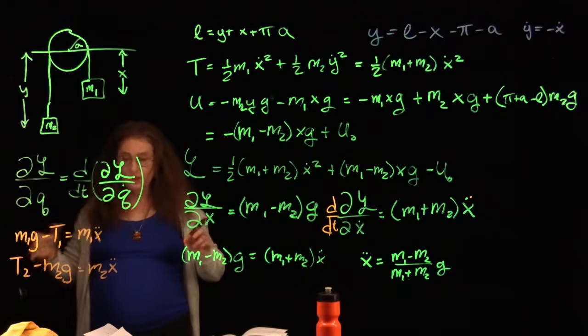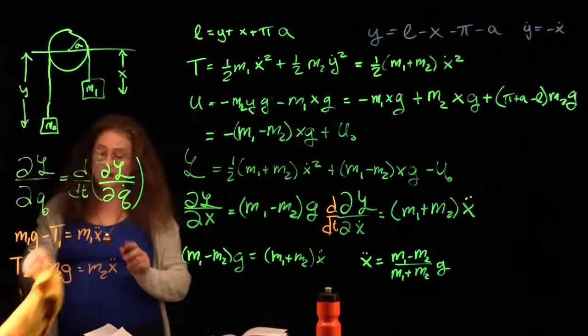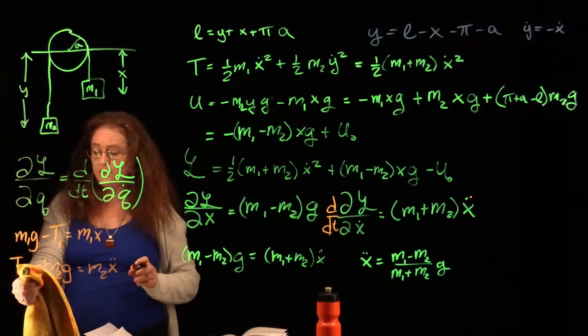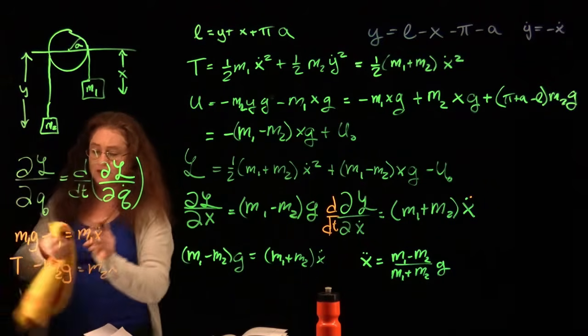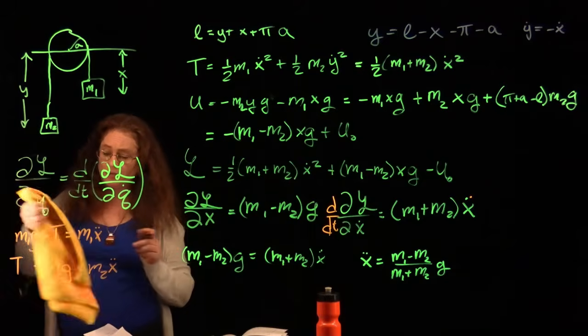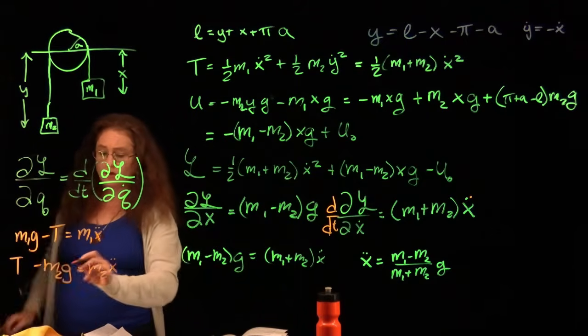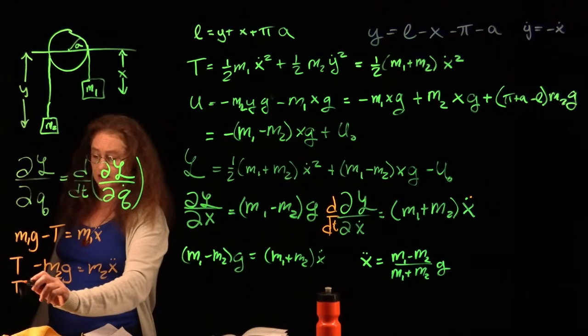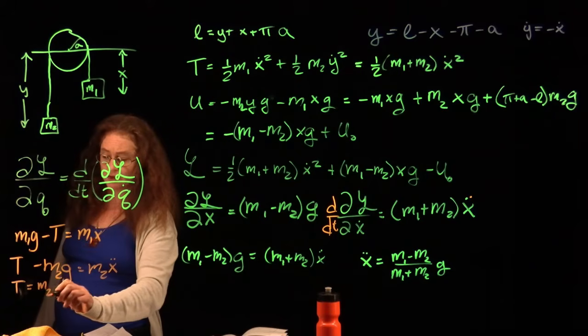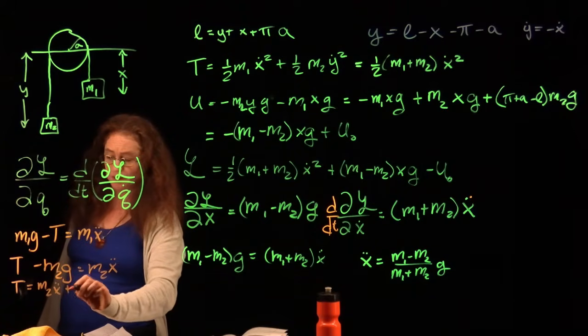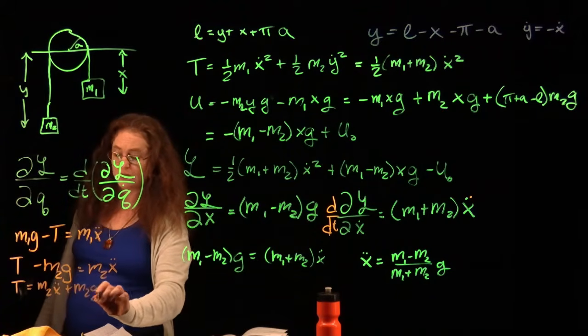All right, so when the pulley is massless, these two tensions are the same, and I can solve this and say T equals m2 x double dot plus m2 g.